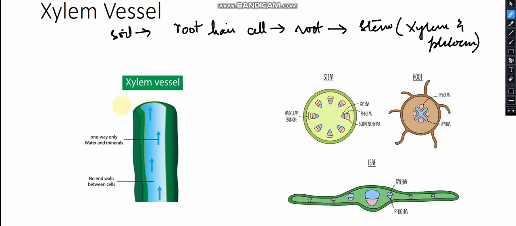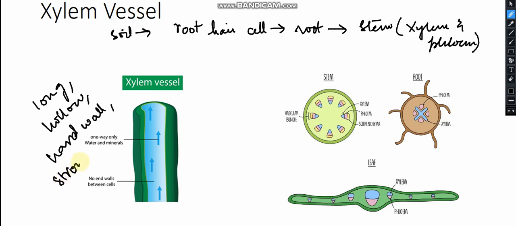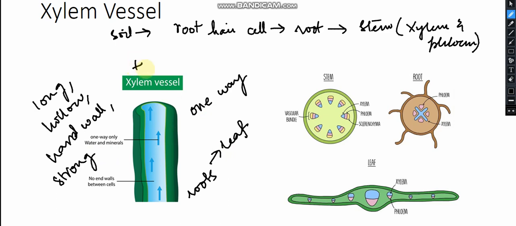So xylem is a long, hollow, hard-walled, strong tube. It is only one way, and that way is from the roots to the leaf. So xylem vessel is basically responsible for the transportation of water and minerals.